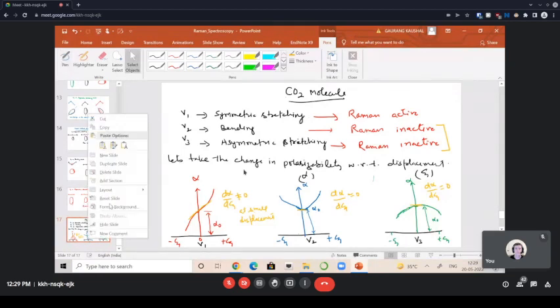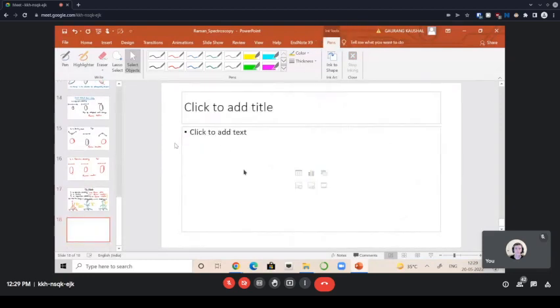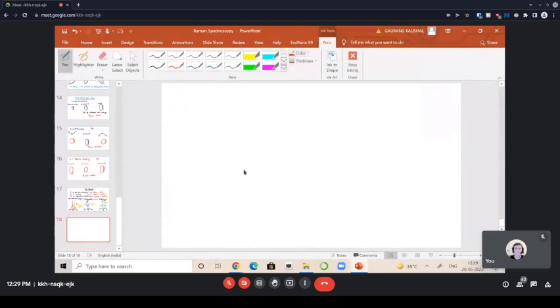Let me conclude all this discussion in a few lines. If the polarizability curve has a large slope at displacement nearly 0, at displacement 0, the Raman line will be strong.